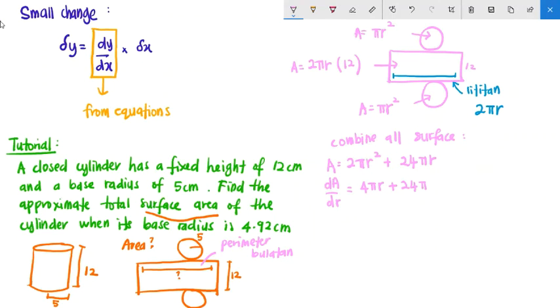Find the approximate total surface area. Approximate. Okay. Macam mana nak buat soalan ni? Rate of change ke? Equation of tangent ke? Of course not equation of tangent. Min max ke? Of course not min max.